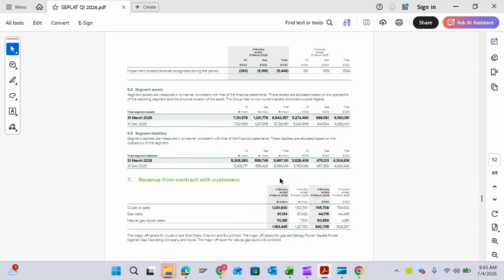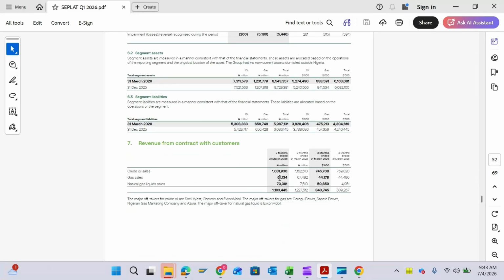So this is note 7. Revenue from contracts with customers is a breakdown of in total what makes up what comes in. From crude oil sales, 745,708 dollars came in for that period of first quarter 2026.